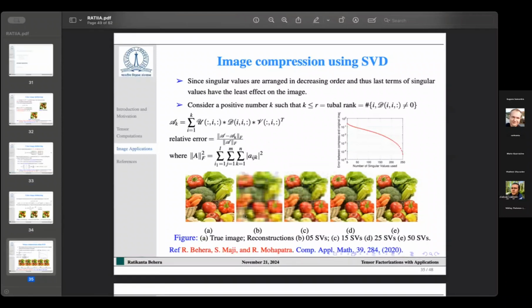Suppose you have an image like this, and then we can reconstruct it, to make it visible, using 5 singular values, 15 singular values, 25 singular values, and 10.